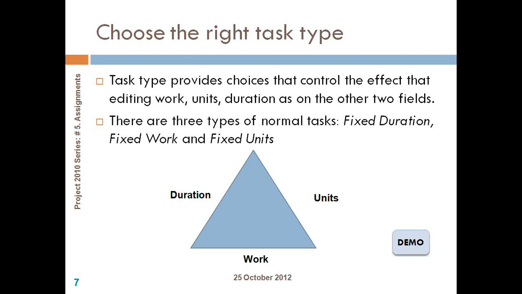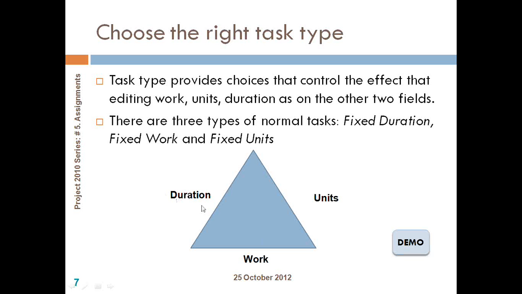When you do a duration-based estimate, you would like to keep the duration fixed, whereas the other 2 variables change. For example, if I have done a duration-based estimate, I would like to keep my duration side fixed, which means if I increase my work, naturally my units should be affected, or if I reduce my units, my work should be affected, whereas my duration should not change.